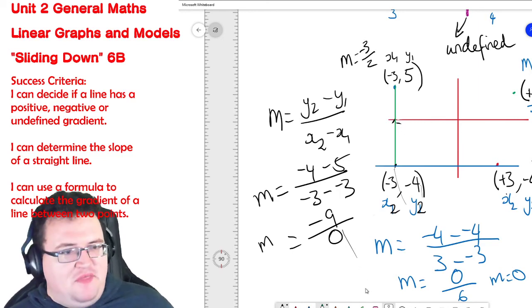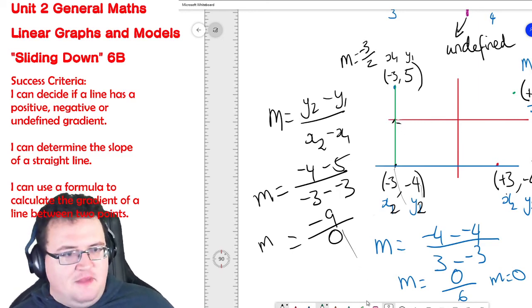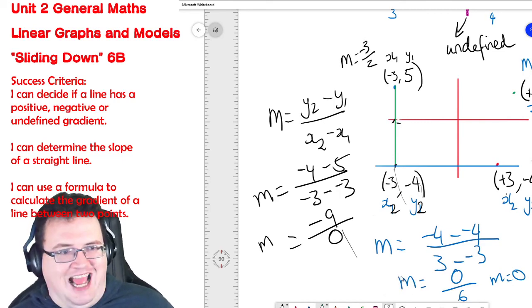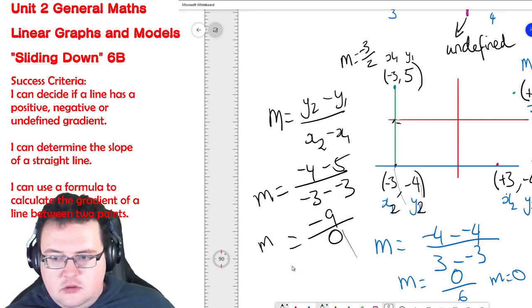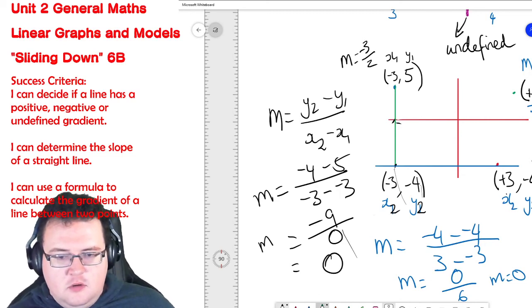And what happens if you try and divide by 0? Yeah, so those of you who have done methods would know that it is undefined. It doesn't exist, it can't exist because you cannot divide by 0. So I would write undefined.